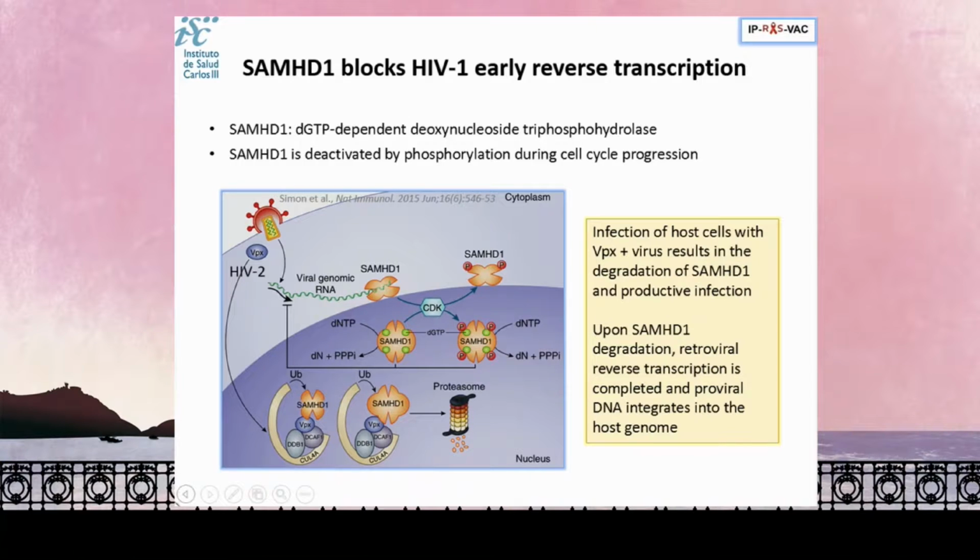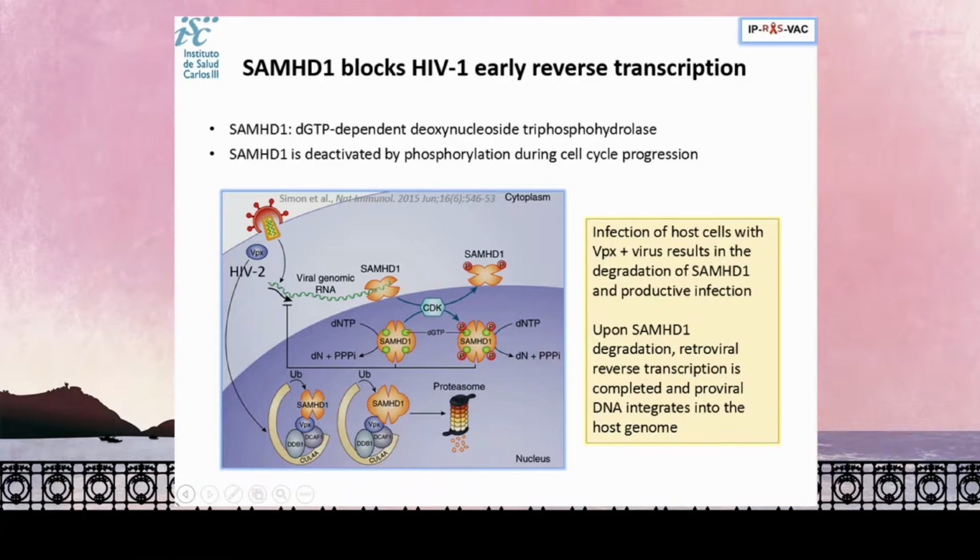And this is only valid for HIV-1, because in the case of HIV-2, it is able to synthesize Vpx, and Vpx is able to degrade SAMHD1, and then when it is degraded, the cell can be infected. In the case of HIV-1, it doesn't work because it doesn't encode Vpx.